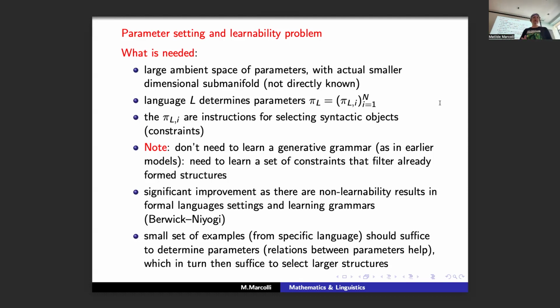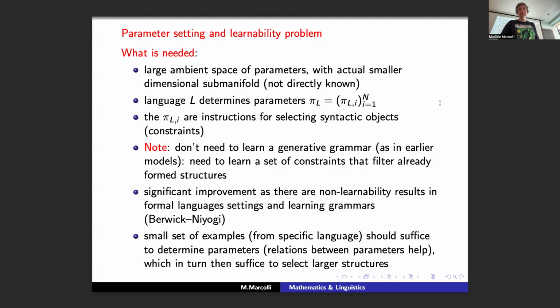This is still in progress, but one of the goals would be to show that these problems of non-learnability that come up when you try to learn a formal language grammar will be bypassed by just having to learn constraints that cut down the space of structures already generated by a common generative process.